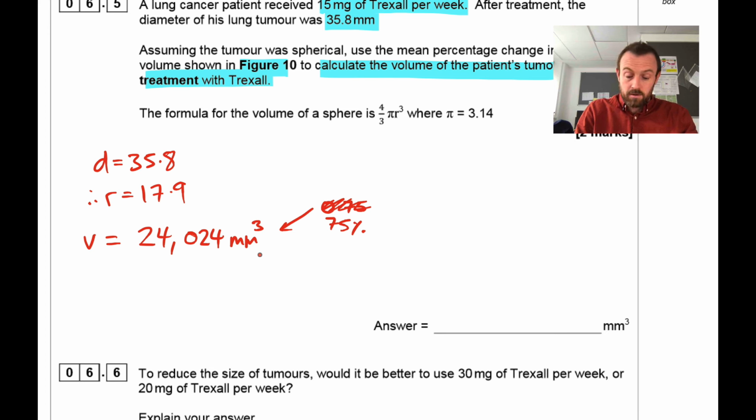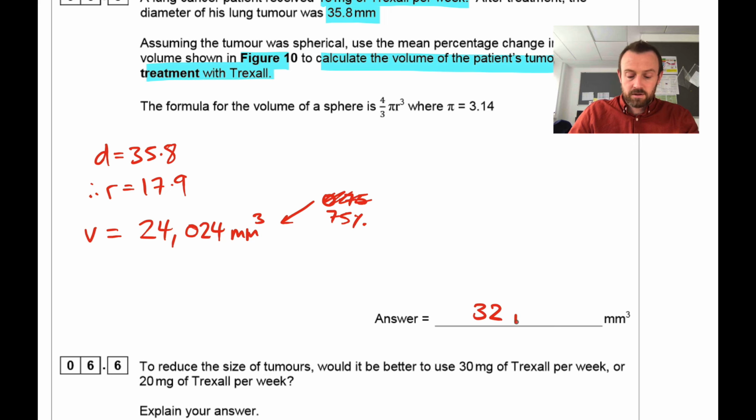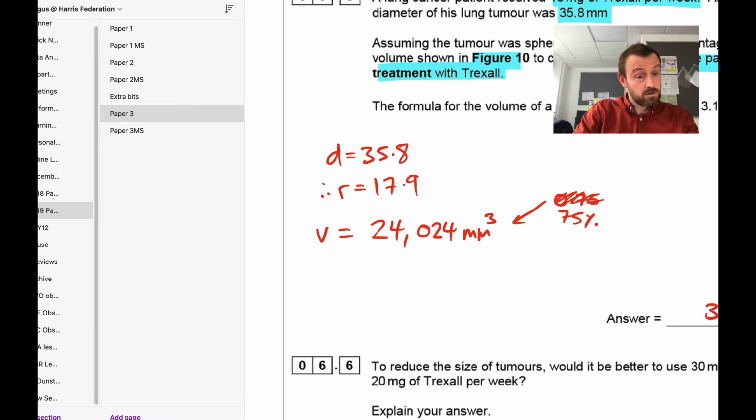Divide by 0.75 equals, I've got 32, does it tell me how many decimal places or significant figures? No. 32,032 millimeters cubed. Oh, I used pi on my calculator. I didn't use 3.14.